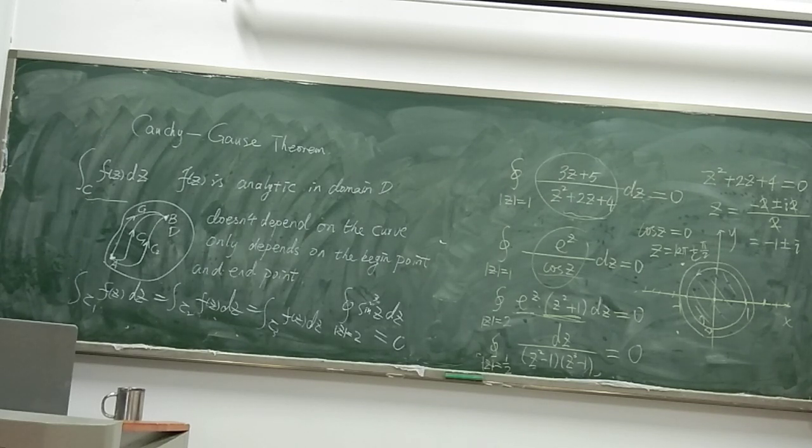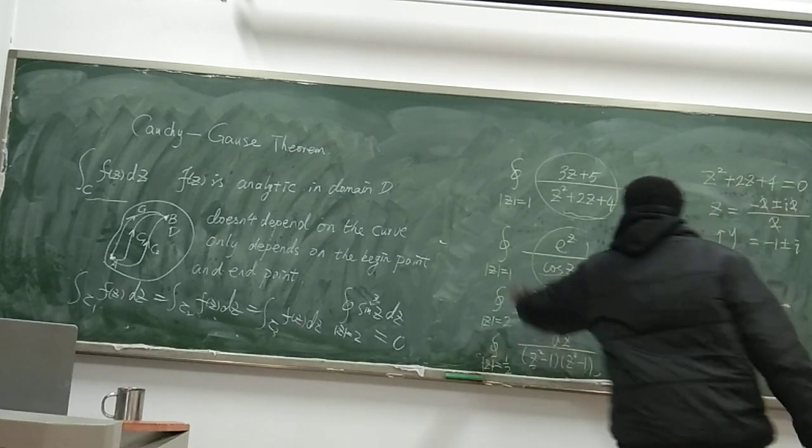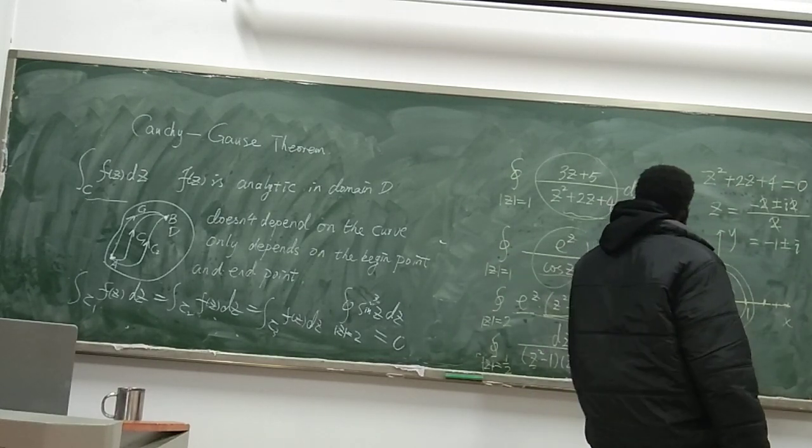But if it is not analytic, what can happen? If it's not analytic and it is closed like that, it can also give 0.